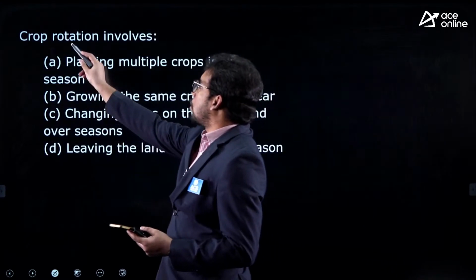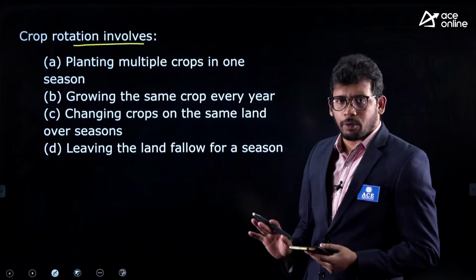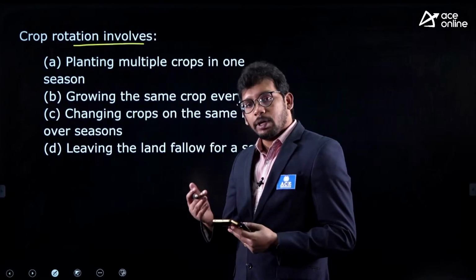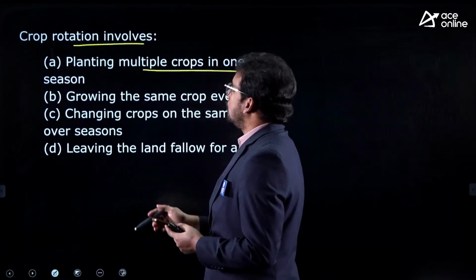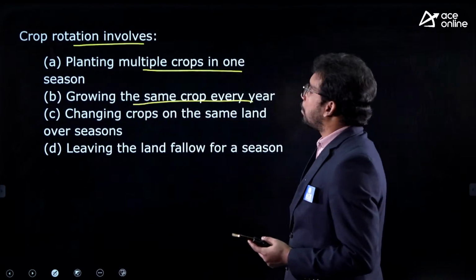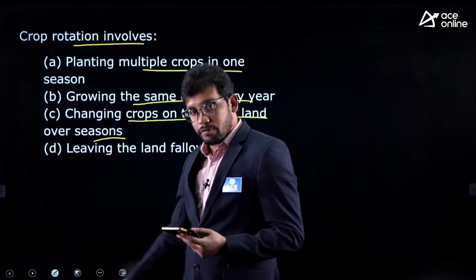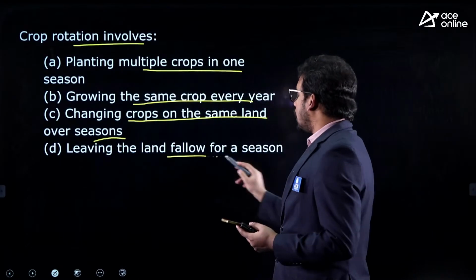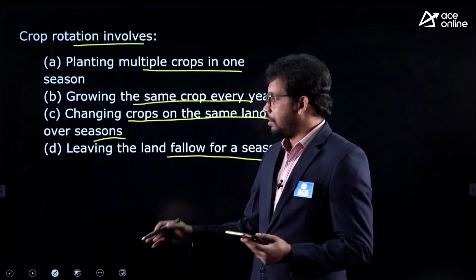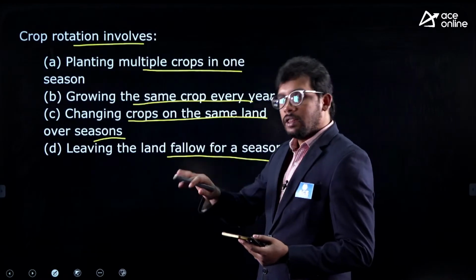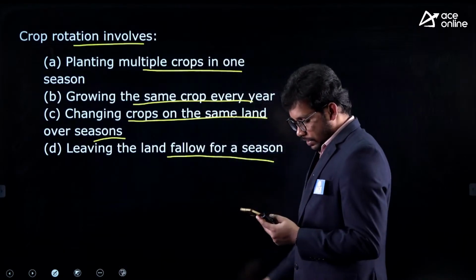Next, crop rotation involves. Basically they are asking what crop rotation is. Planting multiple crops in one season, growing the same crop every year, changing crops on the same land over different seasons, leaving the land fallow for a season. What is the answer?